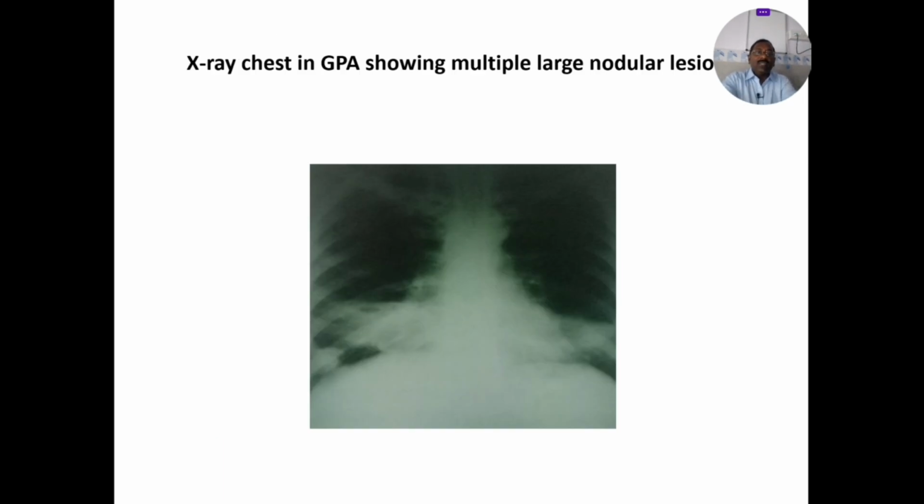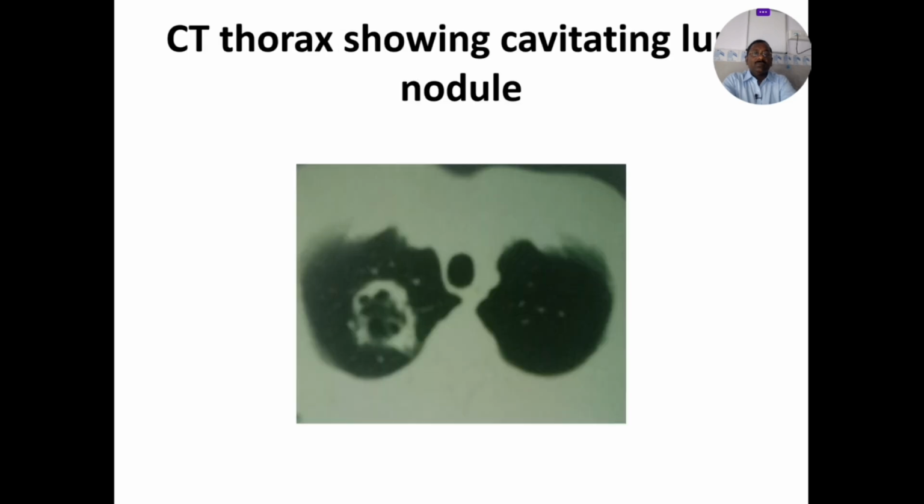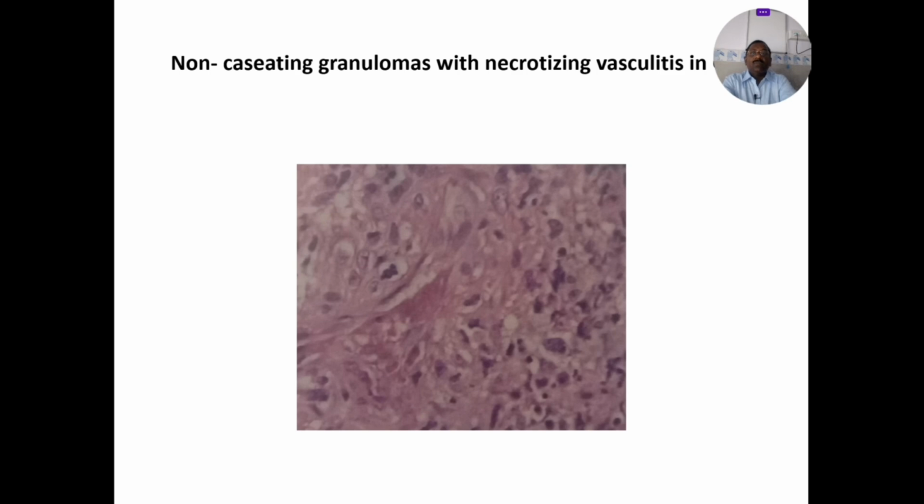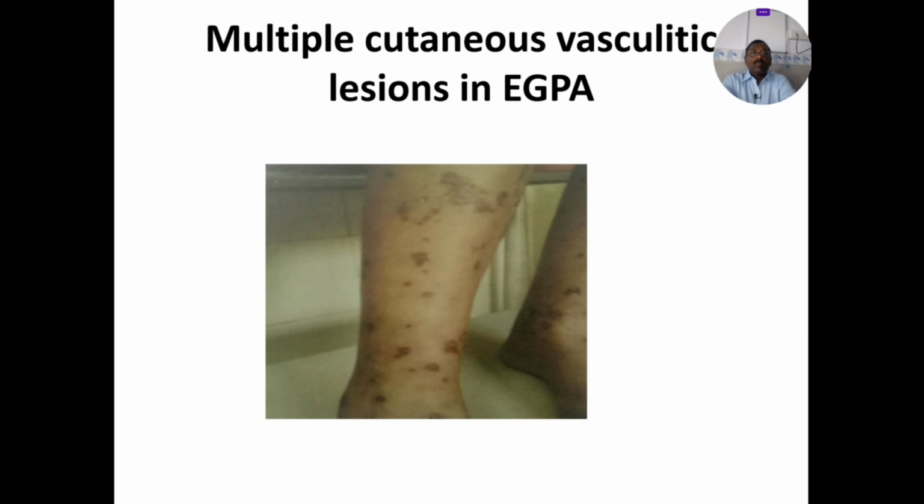See the nodules here, lower lobes. See the cavitating lung nodules. Non-caseating granulomas with necrotizing vasculitis. See the vascular pictures, multiple cutaneous vasculitic lesions.